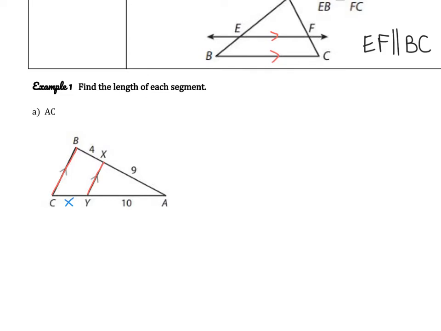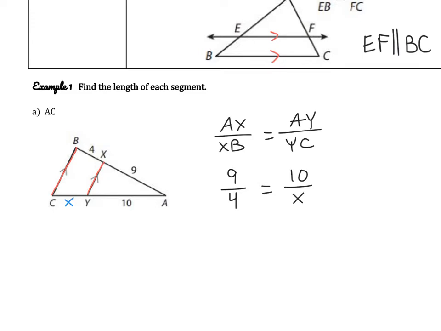So we can set up the proportion AX over XB should equal AY over YC. AX is 9, XB is 4, AY is 10, and YC is x.